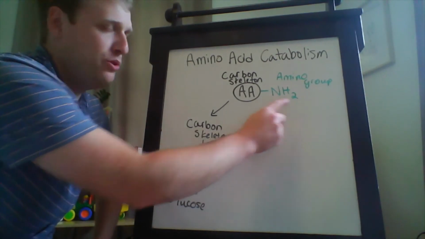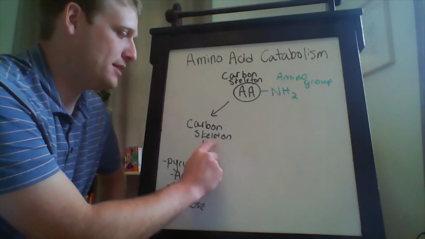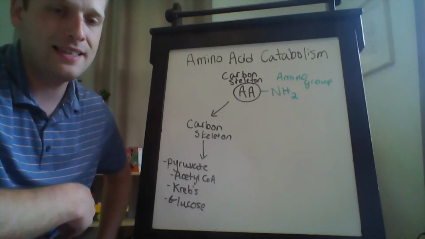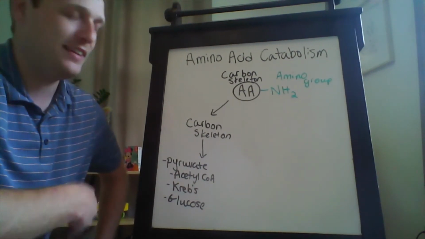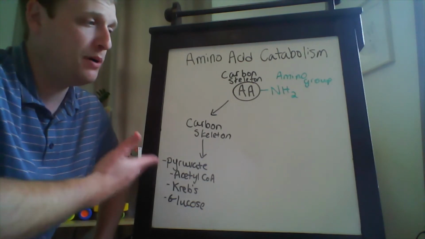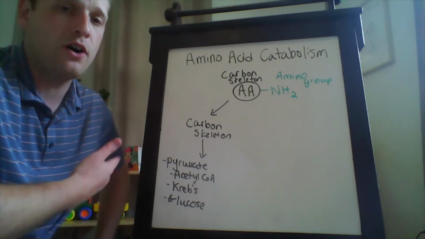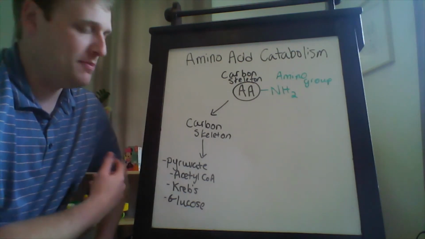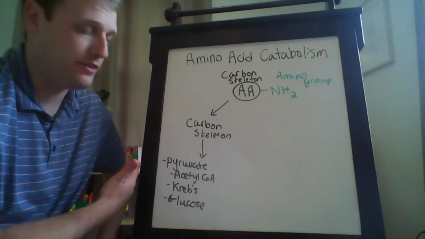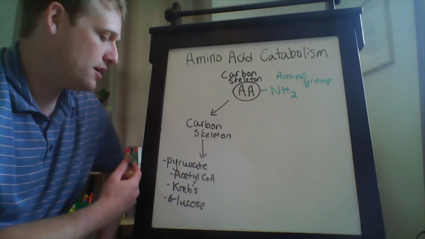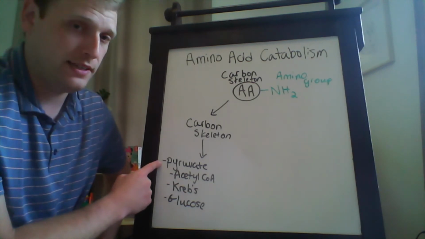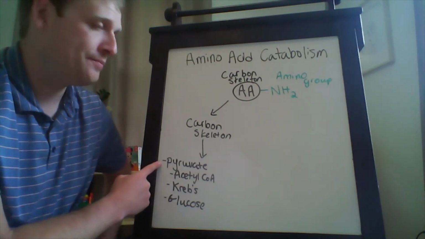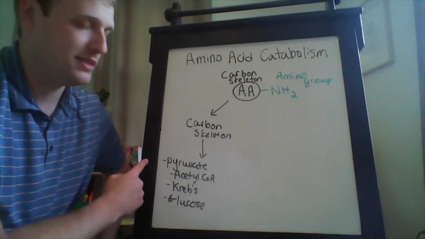So once you remove this amino group, what you're left with is the carbon skeleton that has lots of electrons that can be ripped off, and it has components that can be used for other purposes. So those carbon skeletons can be converted to a number of different useful molecules. For instance, pyruvate is a molecule that you can make from some of these carbon skeletons.